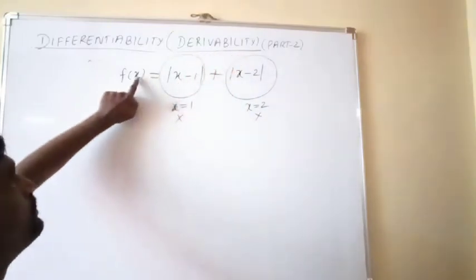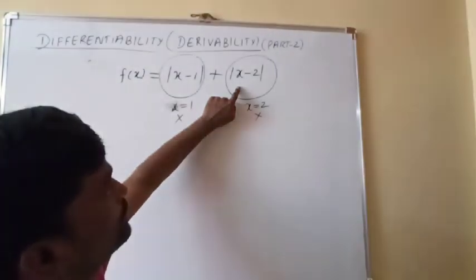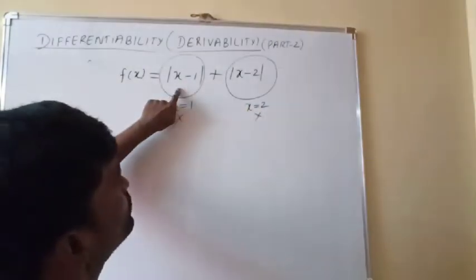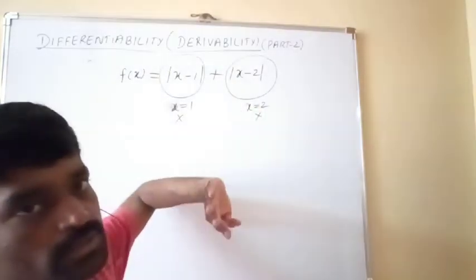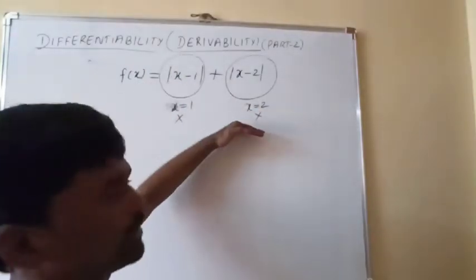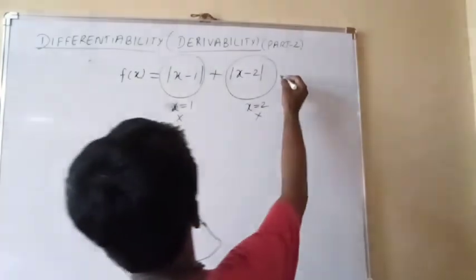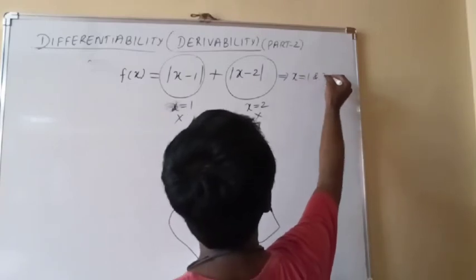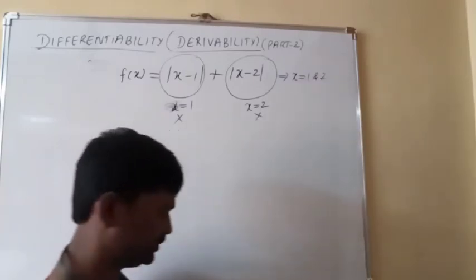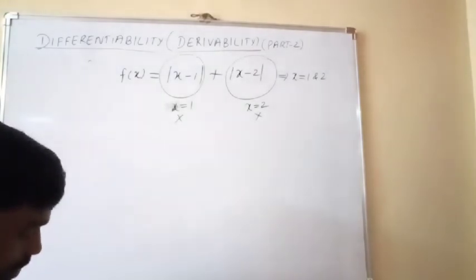Hence f is not differentiable at 1. This function is not differentiable at 2, but this function is differentiable at 2. So non-differentiable plus differentiable is again non-differentiable. So therefore f is again not differentiable at x is equal to 2. So therefore this function mod x minus 1 plus mod x minus 2 is not differentiable at x is equal to 1 and at x is equal to 2.